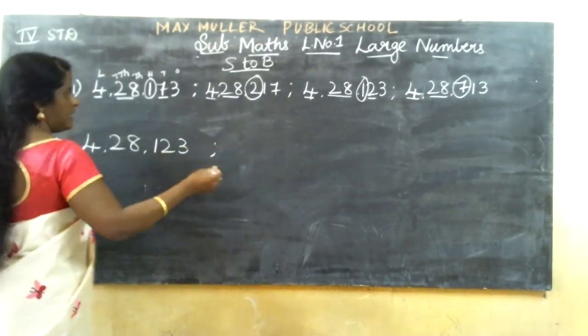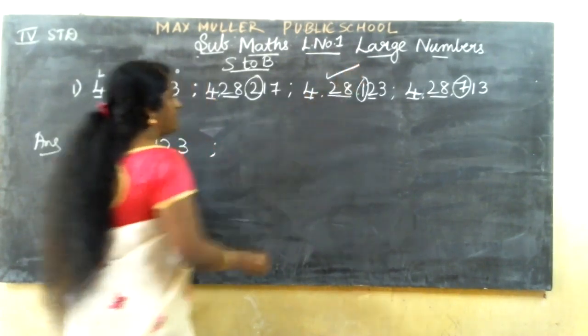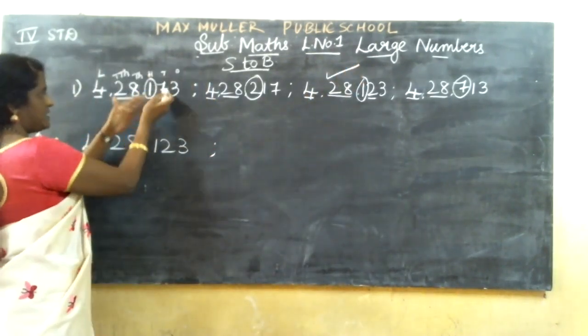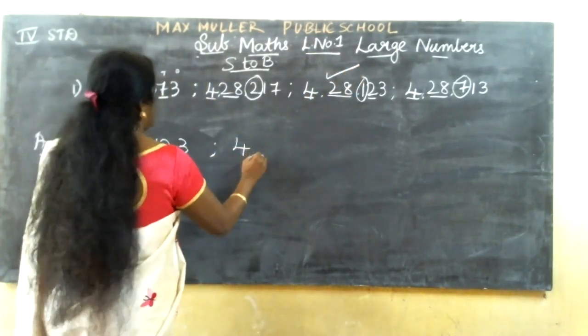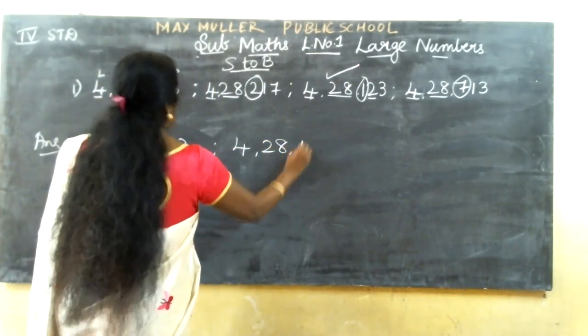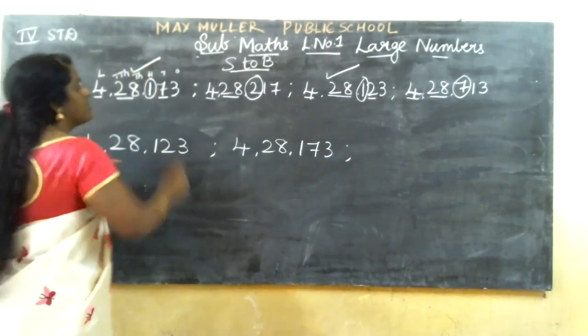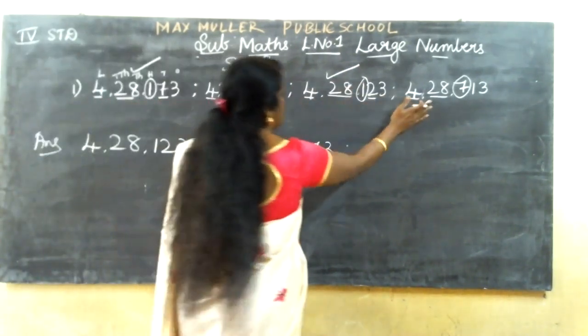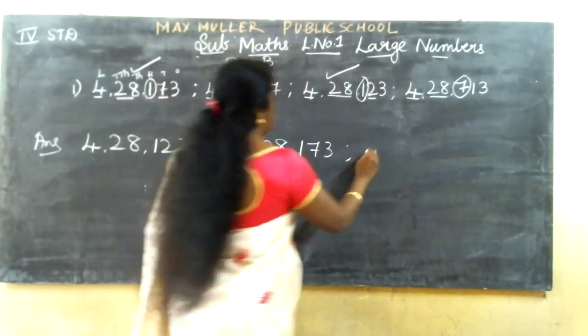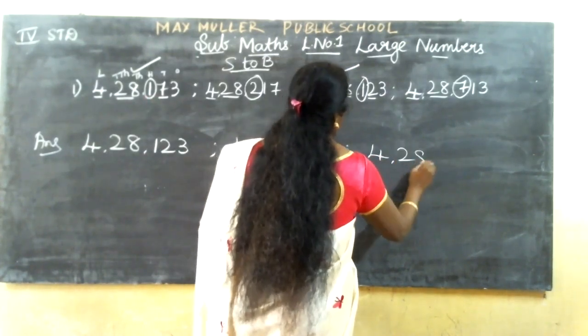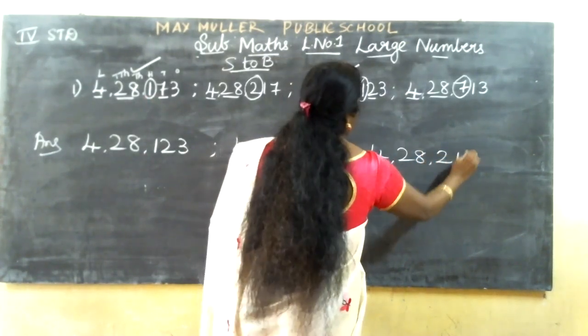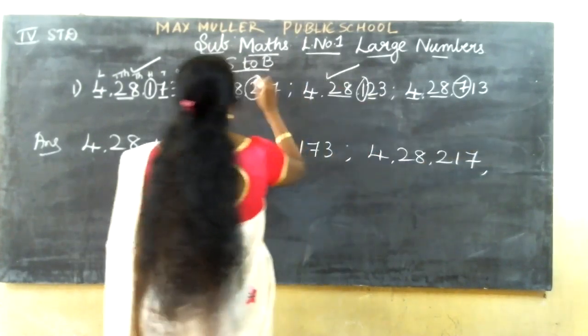Answer: 4,28,123. Leave the place, comma. I have written this. Next is this, 1 after 7: 4,28,173. Take this. Now you should see in this, 2 and the other number. So 2 is the small one: 4,28,217. Finish this.